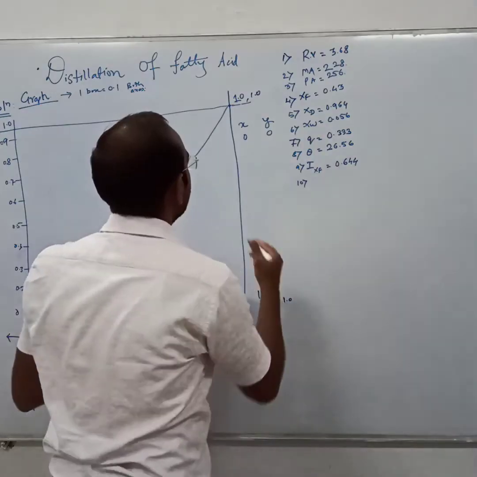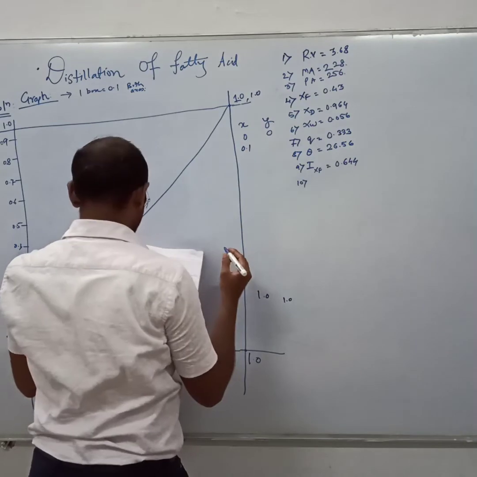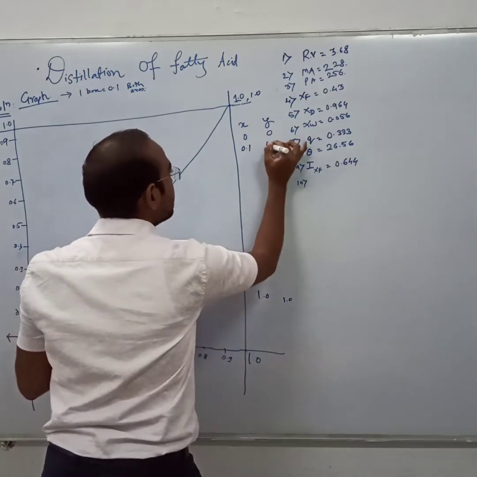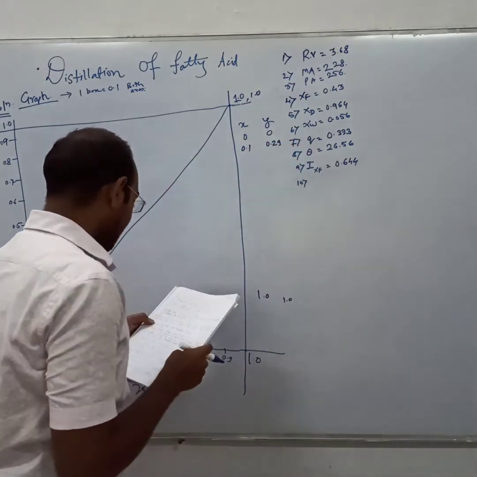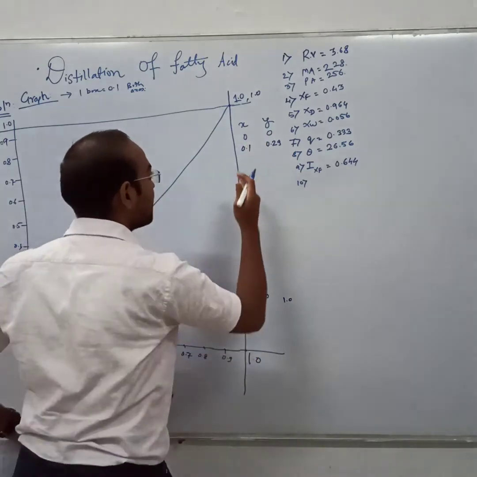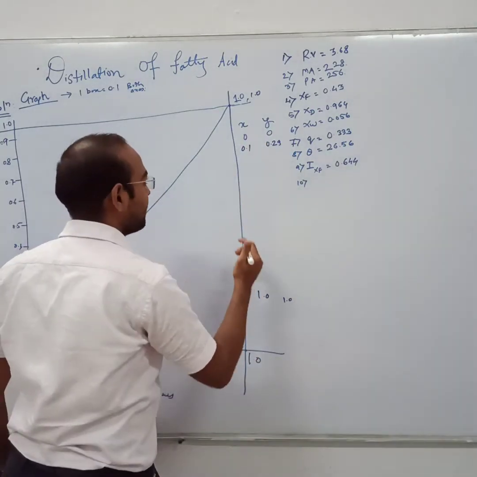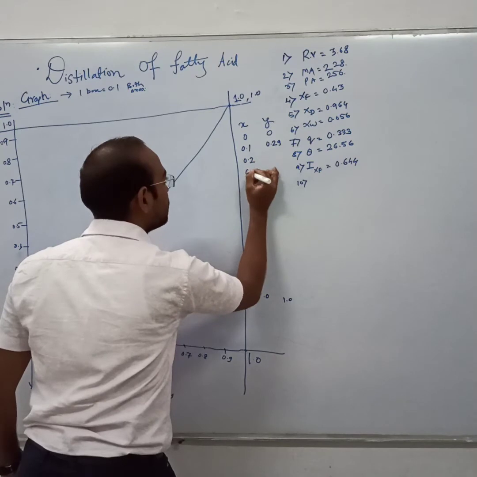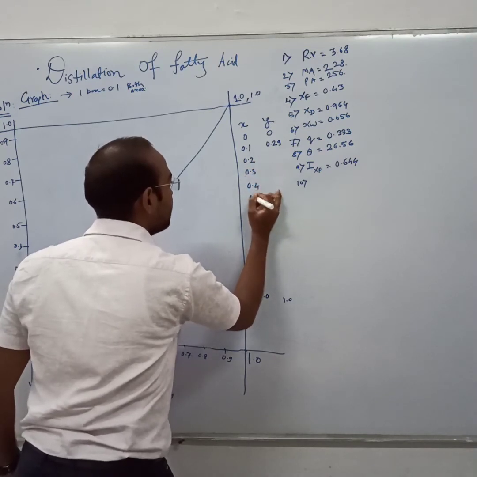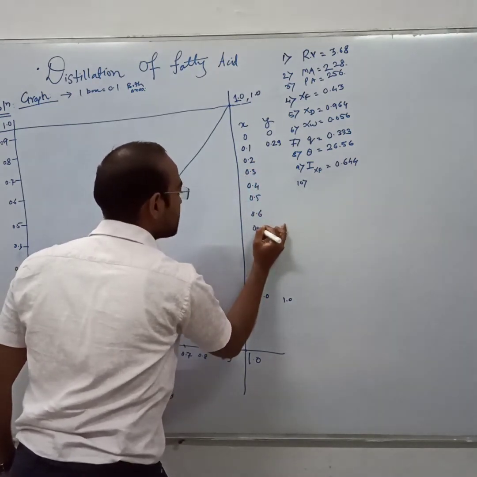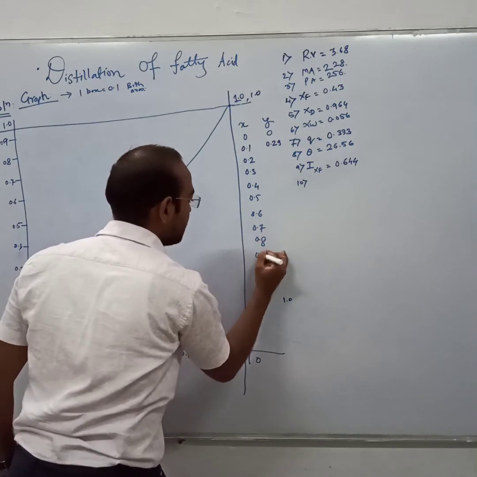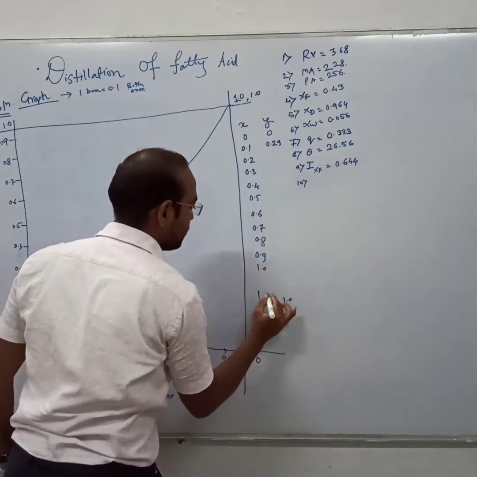Instead of getting confused, I just write all the assumed values of x, that is 0.1, 0.2, 0.3, 0.4, 0.5, 0.6, 0.7, 0.8, 0.9, and 1.0.